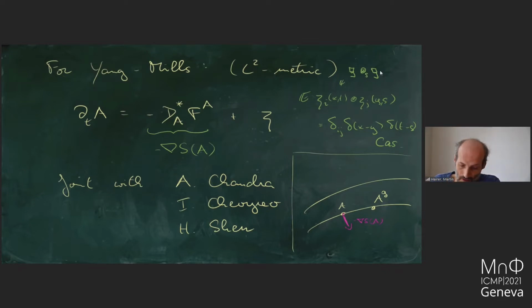So the trick is to say, why don't I just perturb this equation? I add some extra term, and I do this in such a way that the extra term points in the direction tangent to the gauge orbits at every point.